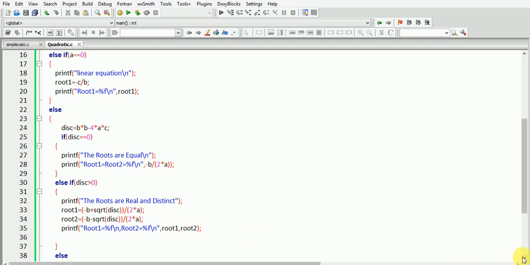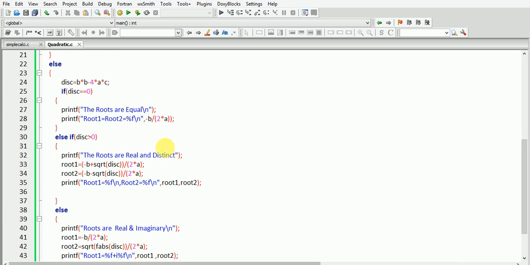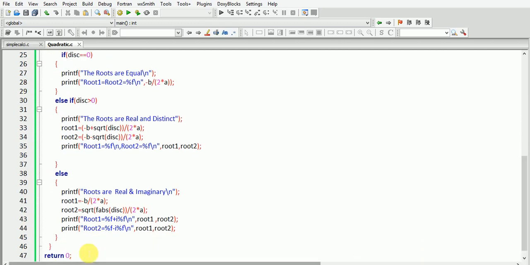Otherwise, when the discriminant value is less than 0, we saw the discriminant equal to 0 and the discriminant greater than 0. When the discriminant is less than 0, the roots will be real and imaginary, so root 1 will be minus b divided by 2a, and root 2 will be the square root of the absolute value of the discriminant divided by 2a.